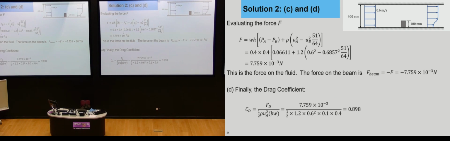Yes? Why do we use rho as 1.2? I wasn't given it in the question. It says it's air, I think. It's 1.18, strictly speaking. You could have used 1.18 or 1.2. If you say, okay, I'm told in the question the gas is air, I'm therefore taking this value, it's okay.